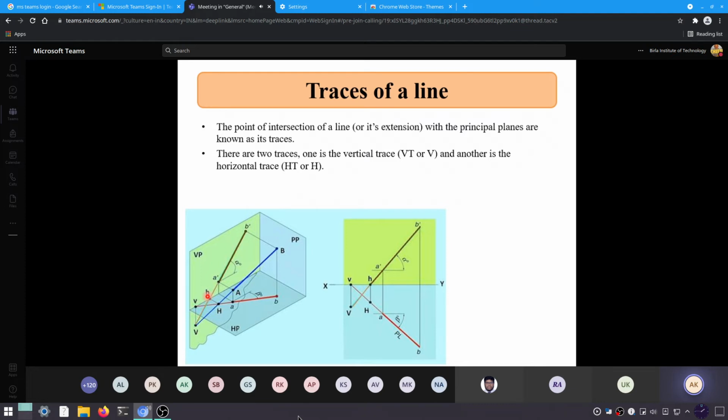Yes, sir. So the point of meeting the front view with the HP will give you point H. Similarly, the point of meeting of top view with VP will give you point V, small v.